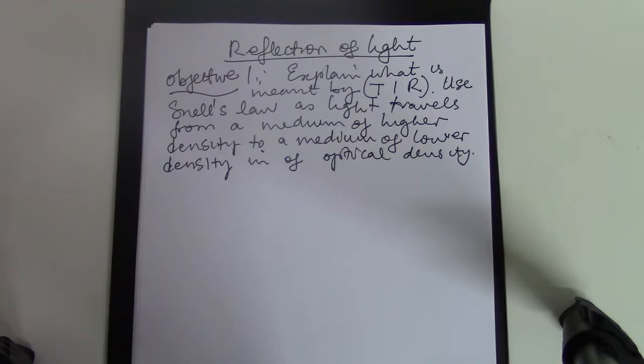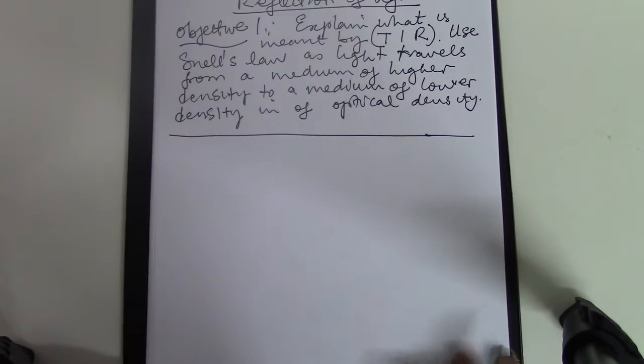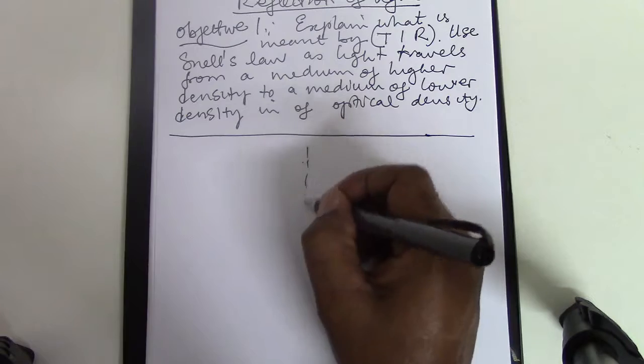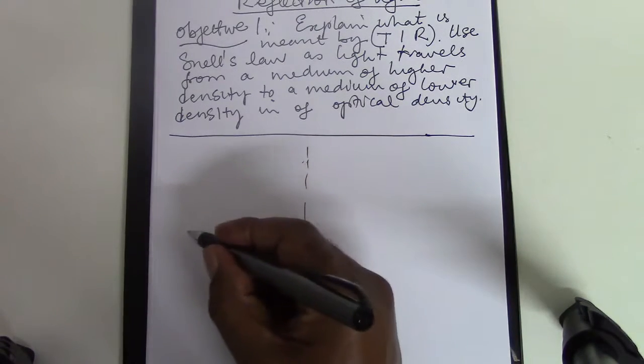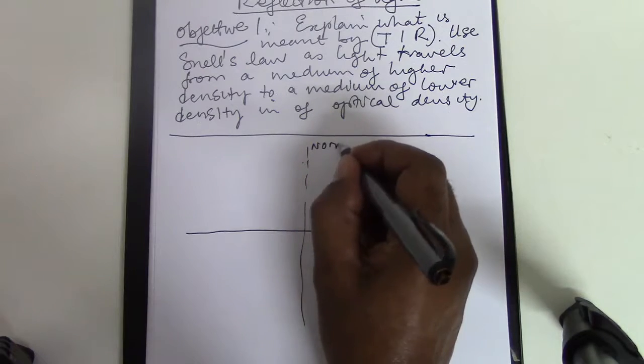We are going to use Snell's law in this situation. We are going to analyze what happens to this light as it moves from higher density to lower density. Now, let's represent the scenario diagrammatically. Let's suppose this is our normal.